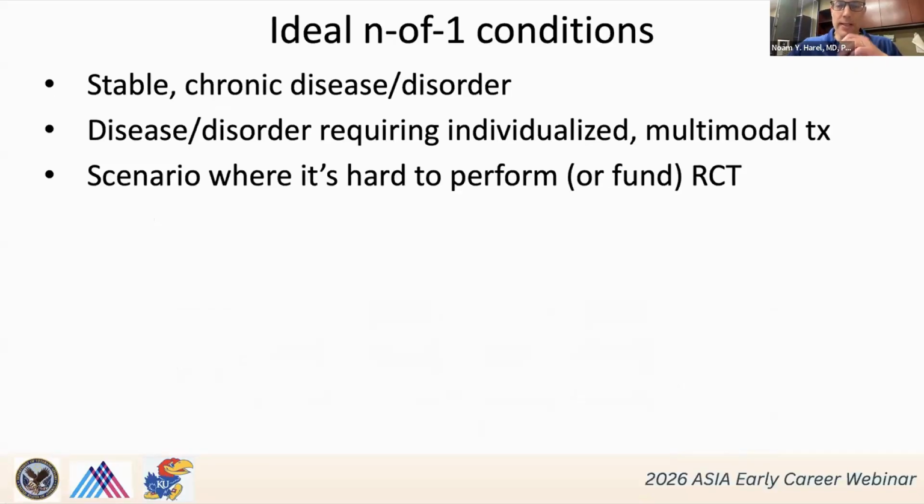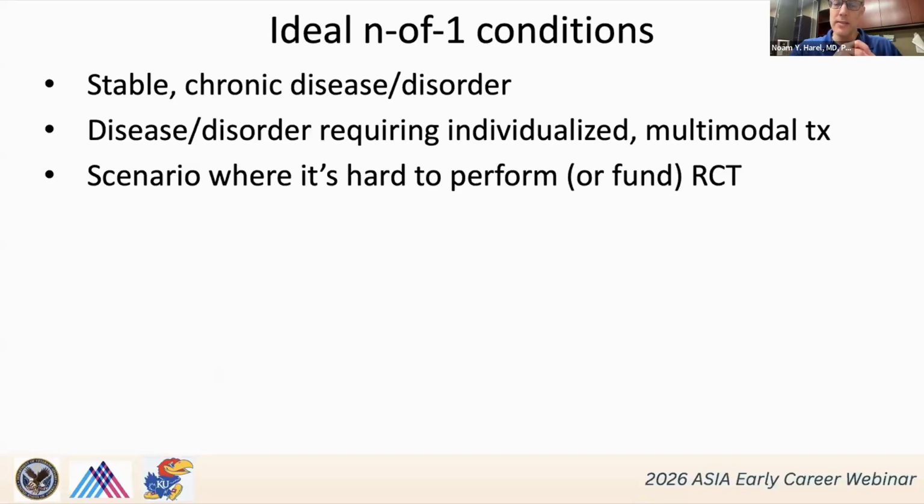So what are the ideal conditions for this study design, soon to be renamed, I hope? You need a condition that's relatively stable, because if there's too much lability, or the condition is steadily getting better or steadily getting worse, it's going to make it much harder to discern the effect that your intervention is having versus the natural history of the condition.